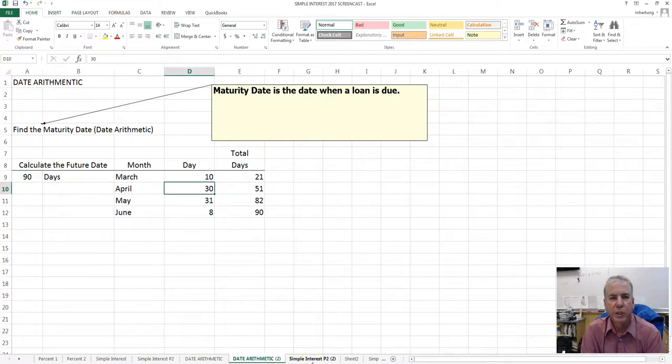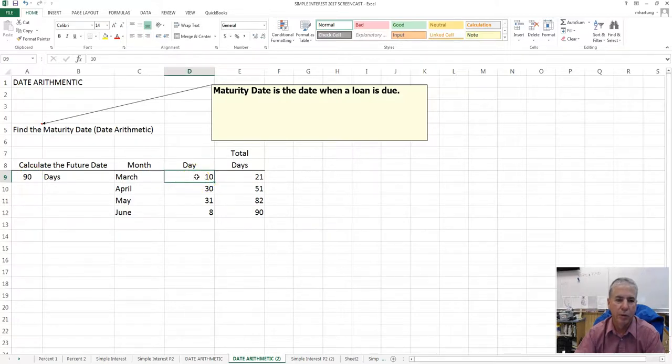So before you start building this worksheet, let's talk about it a little bit, and then we'll go through and build it together. So what we're looking at here is we want to calculate the date in the future, 90 days in the future, starting March 10th. And so on March 10th, what will the date be 90 days from this date?